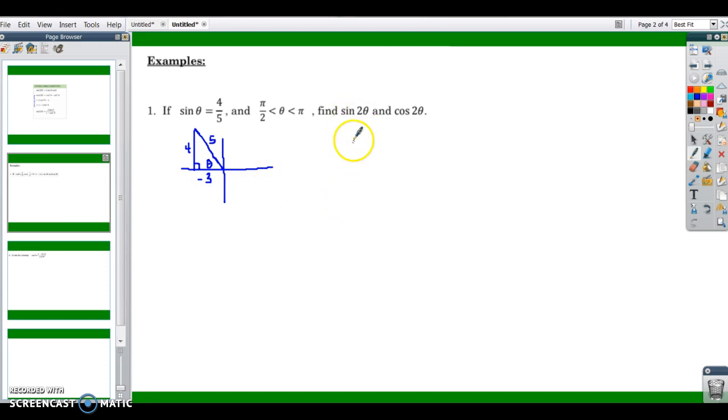So now I'm just going to go ahead and plug into my formula using the values I need right from my picture. So I have sine of 2 theta. And the formula for that is 2 sine theta cosine theta. So I've got 2 times the sine of theta, that was given to me, that's 4/5.